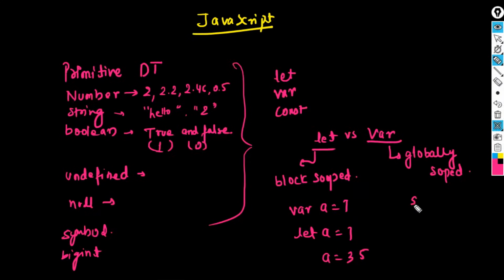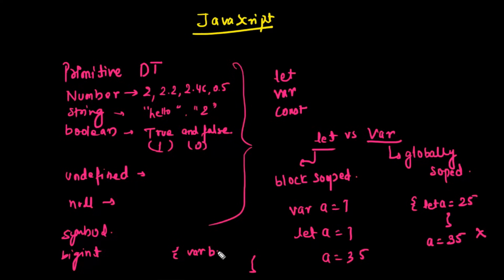But if you are writing inside this scope, and you write let a is equal to 25, and over here you write a is equal to 35, it is going to give you an error. Why? Because let is block scoped. And if you write var b is equal to 7 and b is equal to 35, it is going to update to 35 because it is global scope.